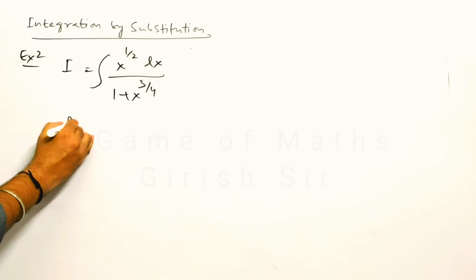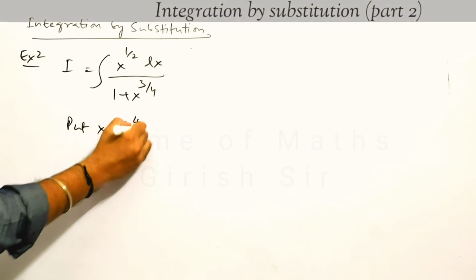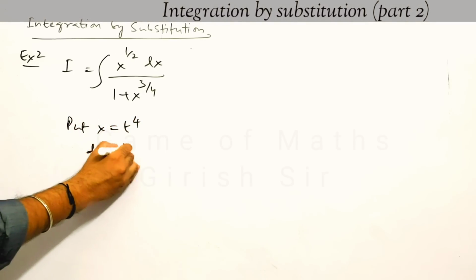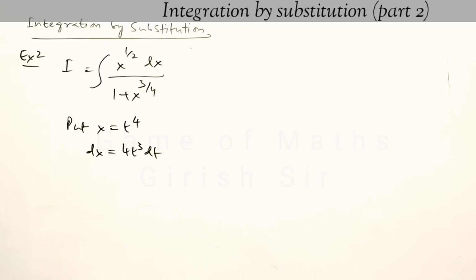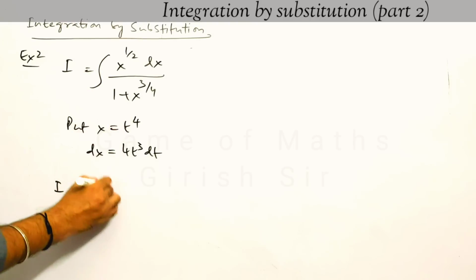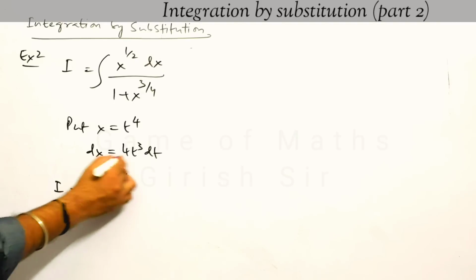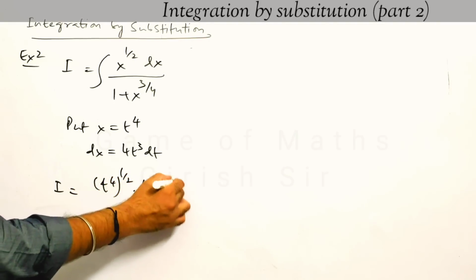Here, if you put x equals t to the power 4 and differentiate, now I'll make these substitutions in the original integral. In place of x you write t to the power 4, in place of dx you write 4t cube dt.